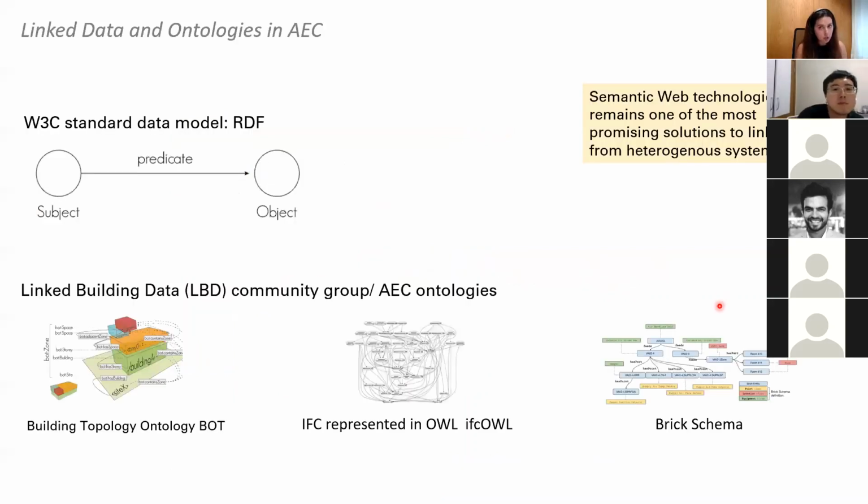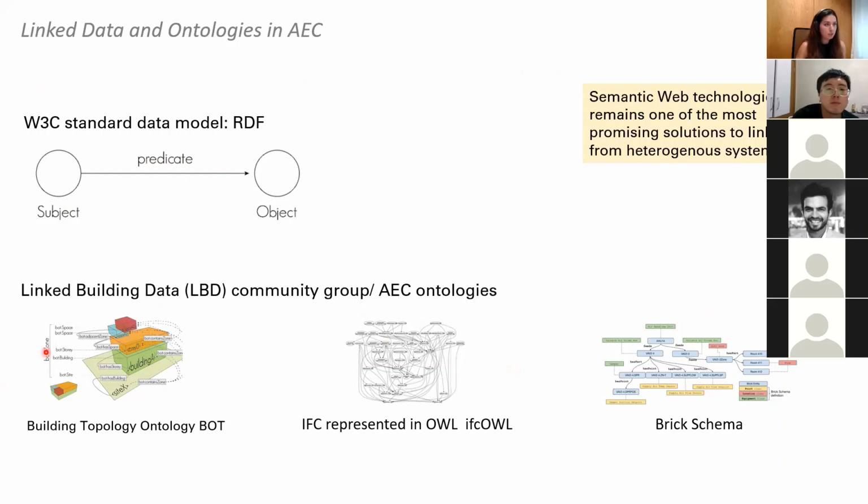And these technologies are also present in our architectural engineering and construction industry, because semantic web remains one of the most promising solutions to link data from heterogeneous systems. And the building industry for sure has a lot of heterogeneous systems.